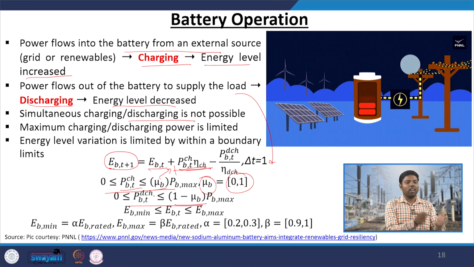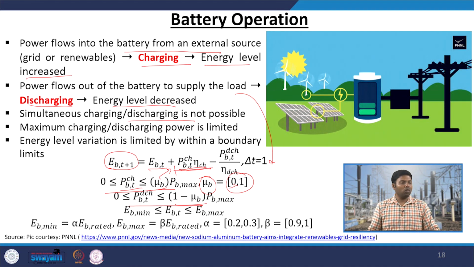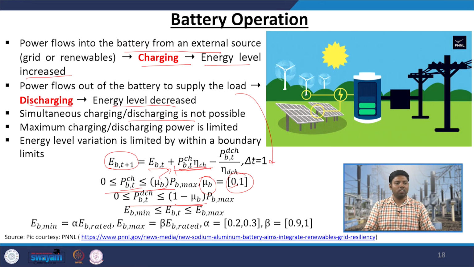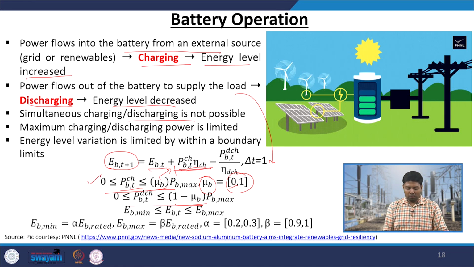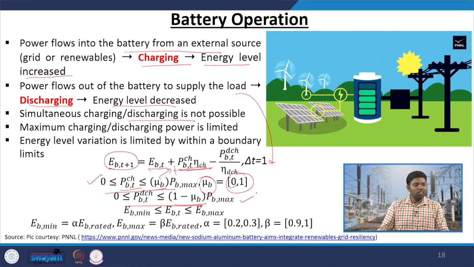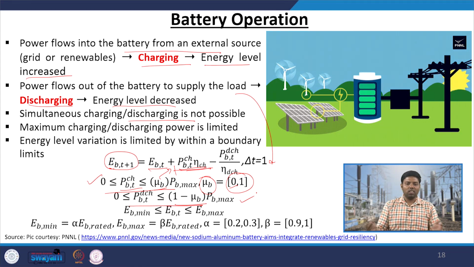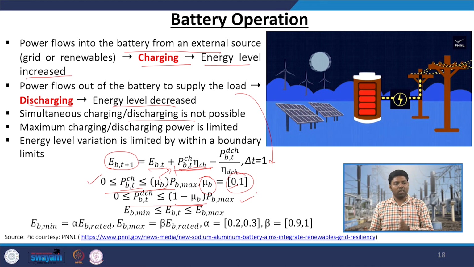That means you are deactivating your discharging operation. The reverse is possible when you take the binary variable as 0. At that time you are deactivating the charging operation, but activating the discharging operation. So, that is how simultaneous charging and discharging is avoided whenever you model the battery in a mathematical or analytical time frame.